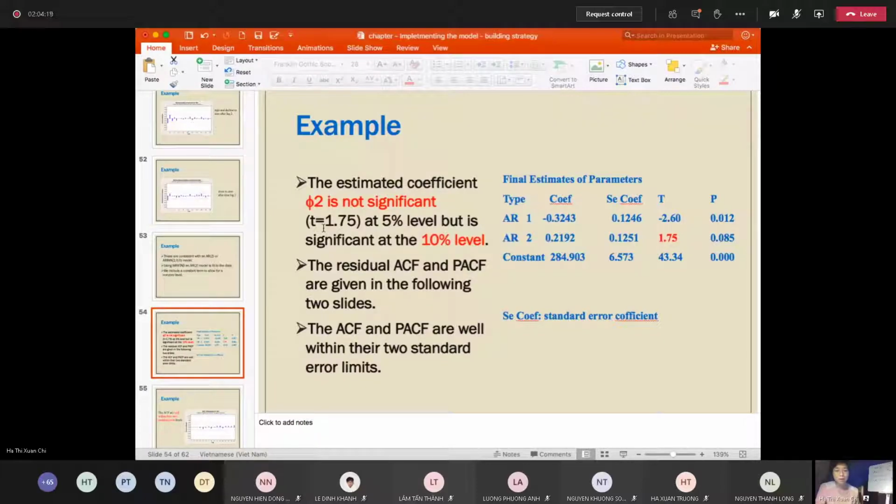So for estimating the coefficient, we can see that phi2 is not significant. Let us see. T of auto regression 2 equals 1.75, corresponding with p value 0.085.